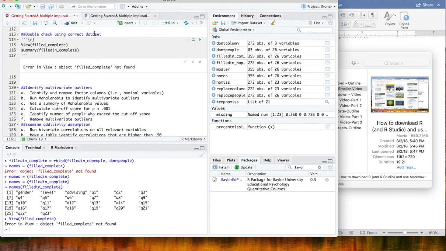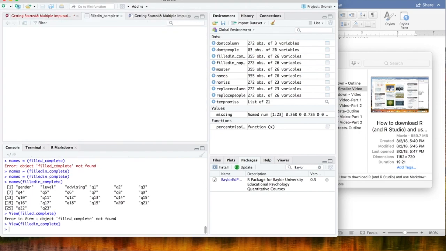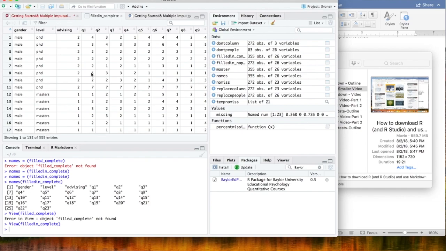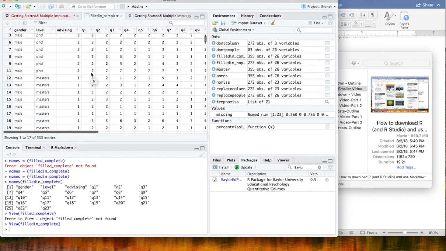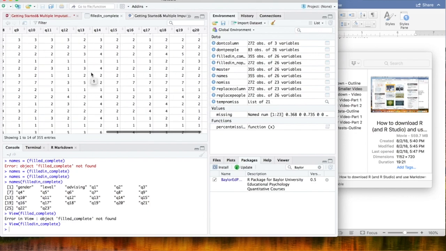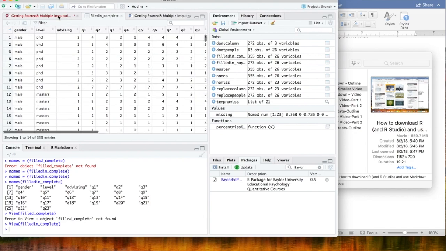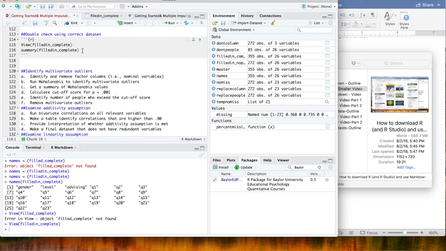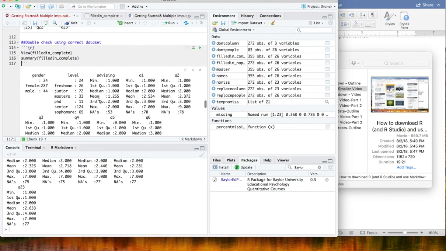So, in contrast to before, we can see that we don't have any missing data. Let's do a quick summary. Now, there are still some missings over here.